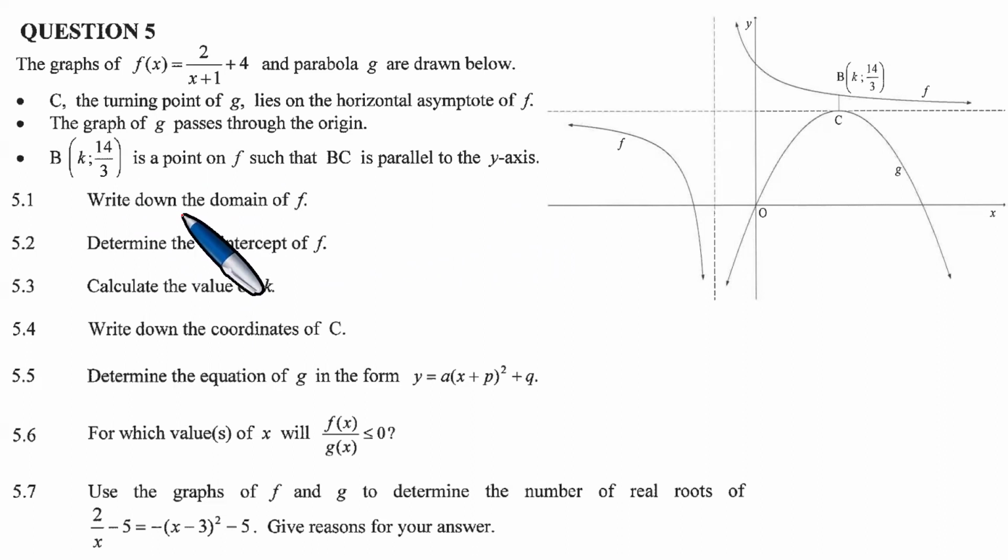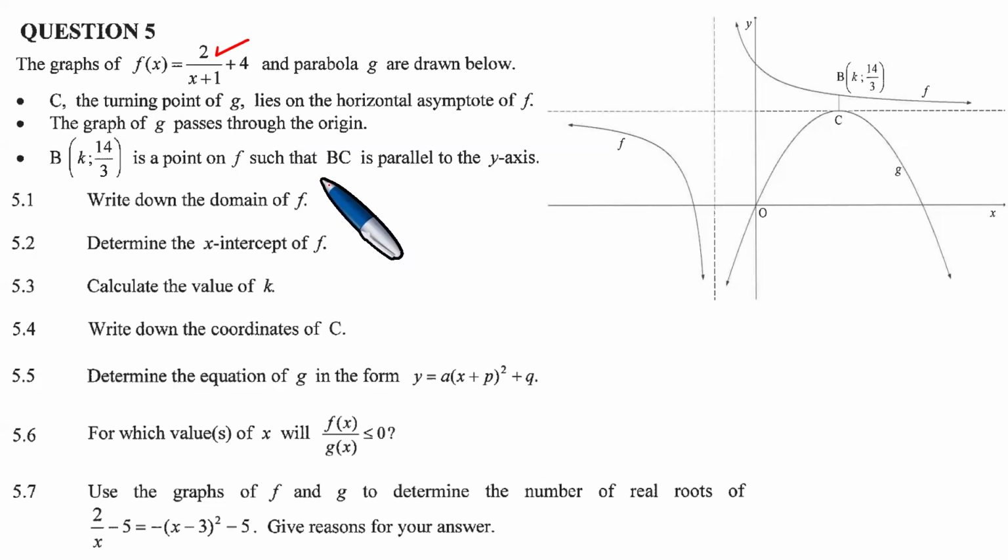Write down the domain of f. Okay, this is good news for us, and we want to write down the domain of f. Now, we need to recognize the fact that f is what we call the rectangular hyperbola. As a consequence, the rectangular hyperbola, which is this one here, is basically undefined at a point where x equals -1.